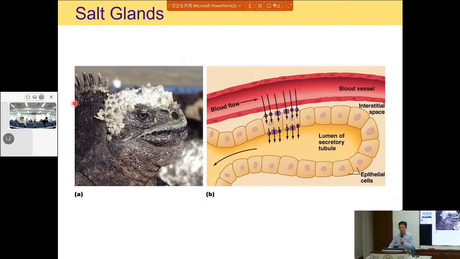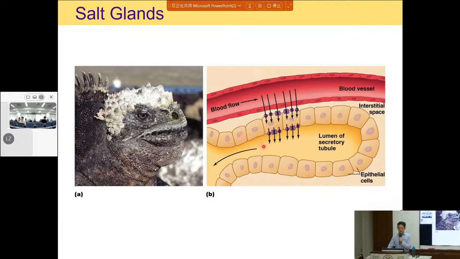On the top of their head, you can see they excrete the sodium chloride. This is because they have a special organ called the salt gland. This is the diagram of the salt gland.